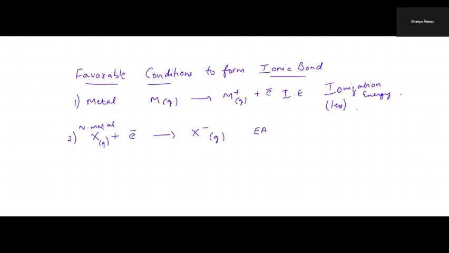Electron affinity is the energy released when the non-metal atom, or any element in the gaseous state, gains an electron to form the ion.